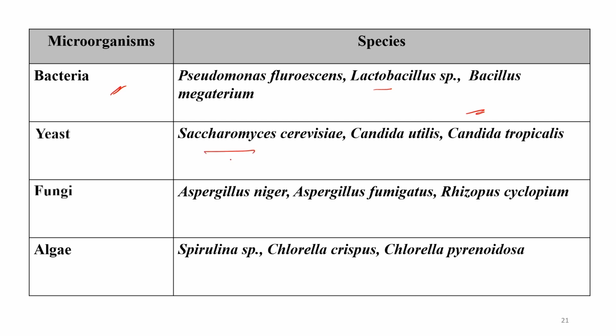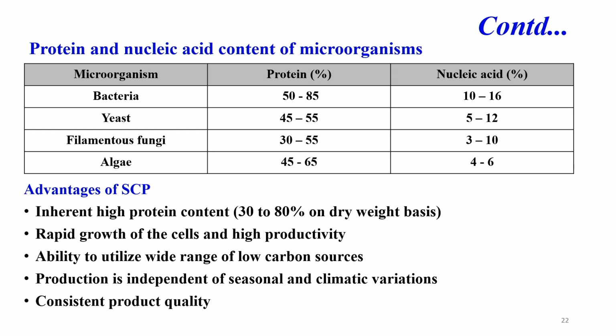Fungi: Saccharomyces cerevisiae, Candida species, yeast, Aspergillus species; algae: Spirulina and Chlorella species. So, you just see, typically as we have discussed, they are rich in protein. Protein content is around 30 to 80% of dry cell basis.